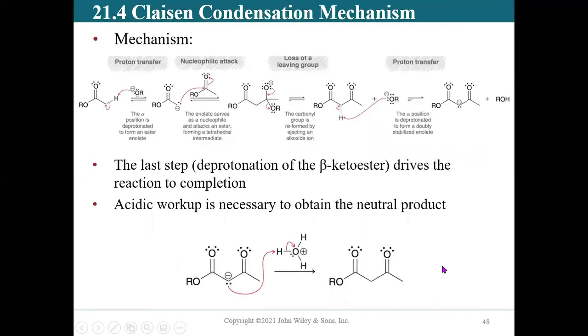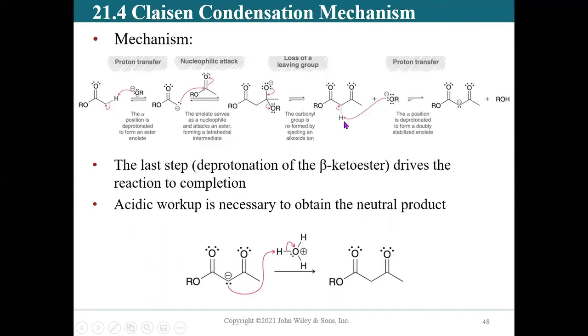Here is the mechanism. The first step is proton transfer. Under basic conditions, we can abstract one of the protons on the alpha carbon of this ester to produce this enolate. The enolate acts as a nucleophile, attacks the carbonyl carbon, and produces an alkoxide intermediate. The alkoxide reforms the carbonyl and expels another alkoxide.